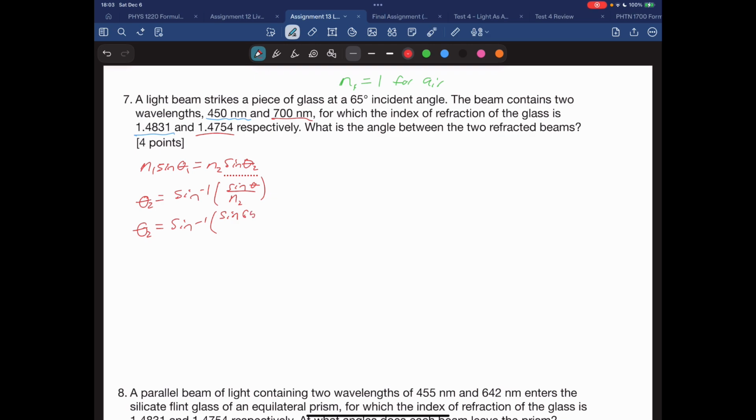Sine of 65 degrees over N2 for red, that is 1.4754. Now, let's punch this in a calculator and see what it's equal to. Here I'm getting 37.8995769.